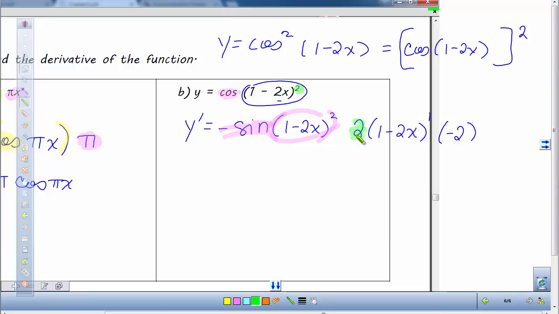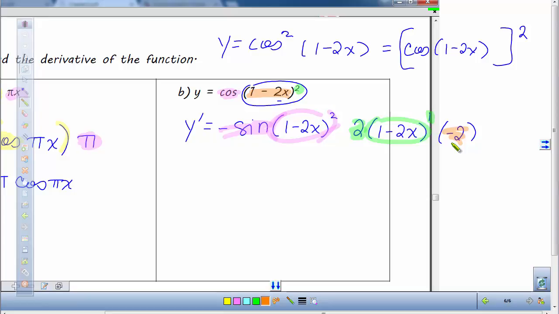So I brought it here. Its inside part was 1 minus 2x, so we didn't change that. But we did, of course, subtract 1 from our exponent. And then finally, the most inner part here is the 1 minus 2x, and the derivative of that is negative 2. Does that make sense?